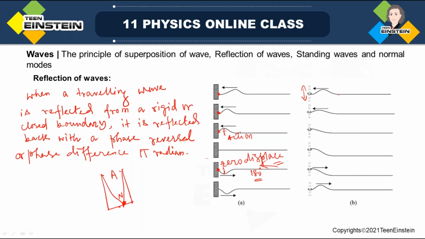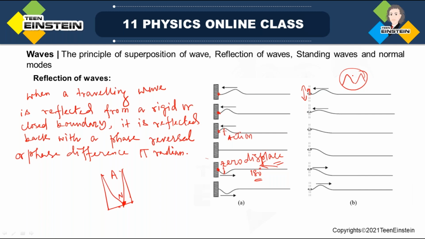Now when the incoming wave comes over here, this ring will also move with the wave. Because of that, both the waves will be in the same direction. They will actually add to each other.